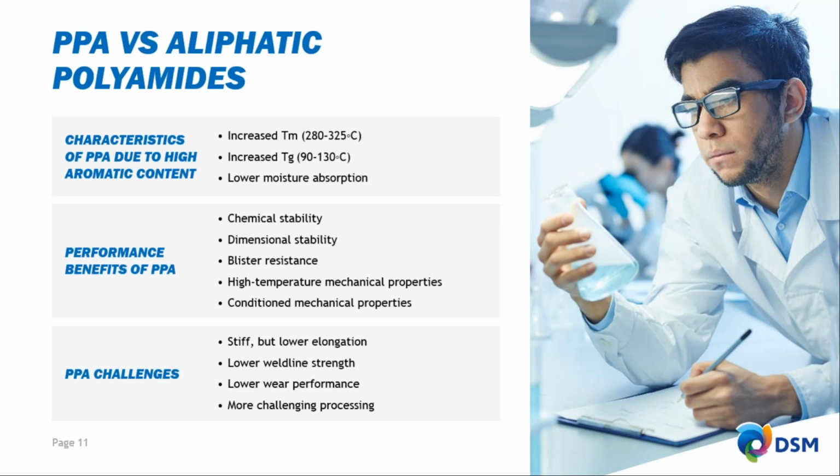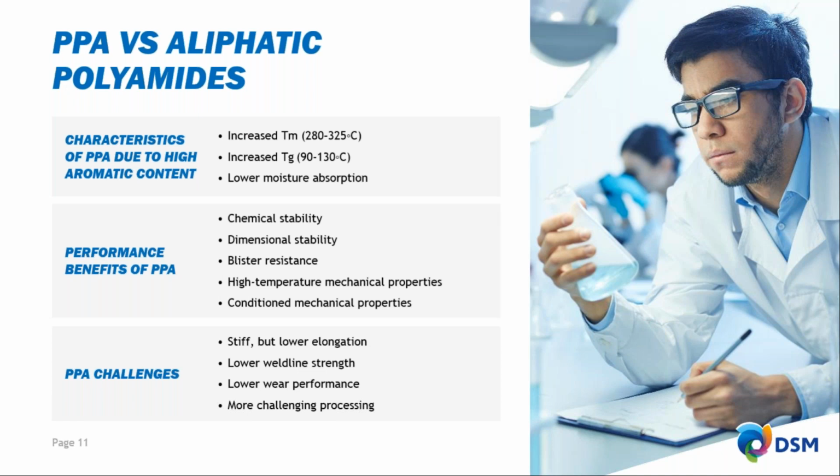They're very, very stiff, but typically have lower elongation than aliphatics or long short chain polyamides. Also, the weld line strength is a bit lower, as well as typically wear performance is lower. But I'll be showing you some of the wear performance of these new materials that we've been developing for the rod guides.